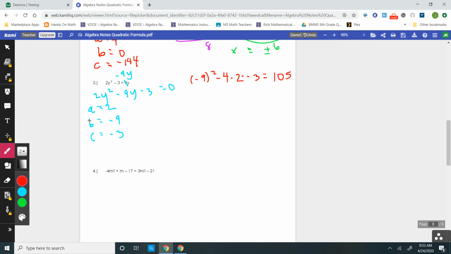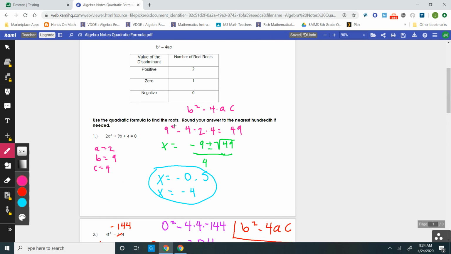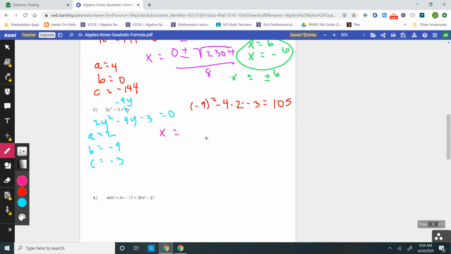So you got a positive number here, so that means you'll have 2 roots. And that means you can go ahead and work out the rest of it then, since you'll have 2 roots. And then you can just sub your values in. So in your formula, x is equal to negative b plus or minus the square root of your discriminant there.